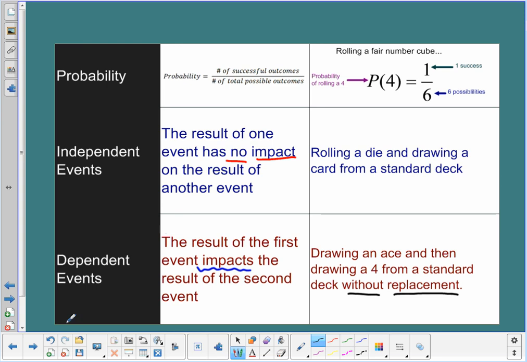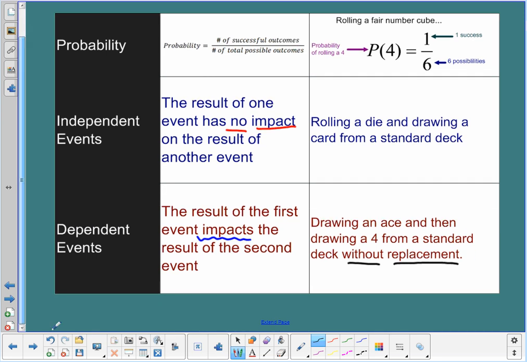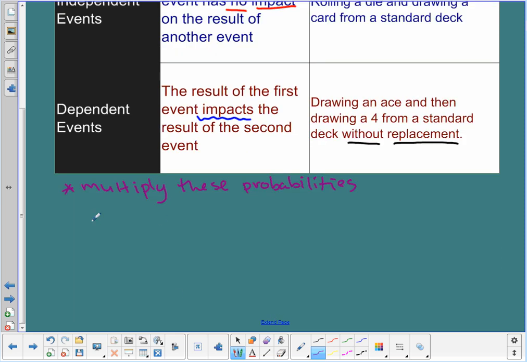Okay. Now, one thing that I want you to take note of is that these are all probabilities that we multiply. And the reason that we multiply these probabilities is because we want them to occur at the same time.